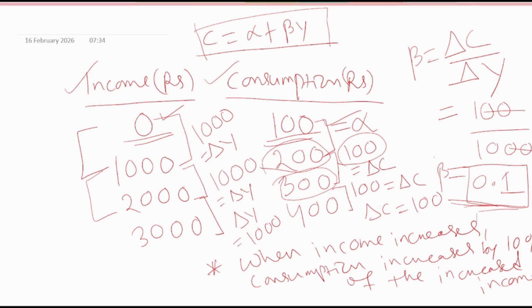So in order to do so, we can write this equation again: C is equal to 100 plus 0.1 income or Y.